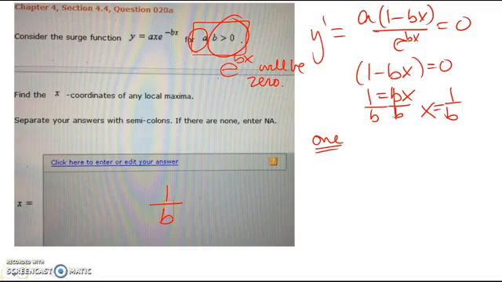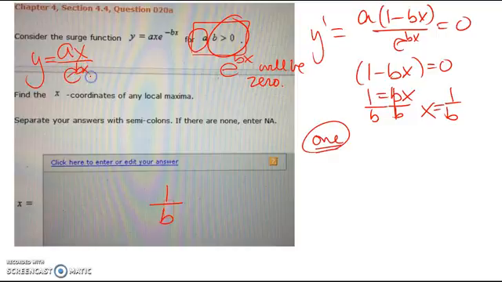If you look at the original function, we're trying to find out if this critical point is a maximum or a minimum. So if we look at this original function, y equals ax over e to the bx, note, a is positive here, right? A is greater than 0. E to the bx is always positive.